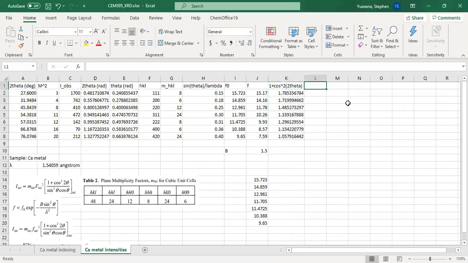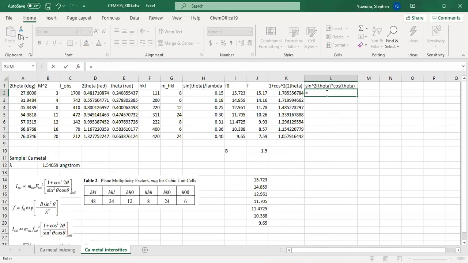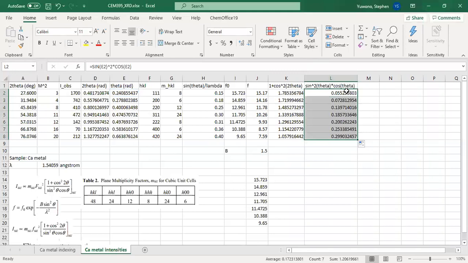Right? Now let's calculate the denominator, which is sine squared theta times cosine theta. So that's going to be sine of theta squared, multiplied by cosine of theta. And there you go. Okay, so let me mark the columns that we are interested in.